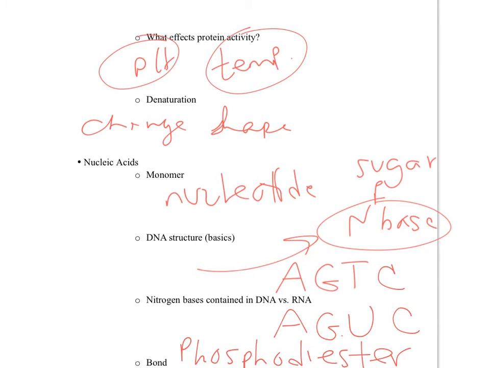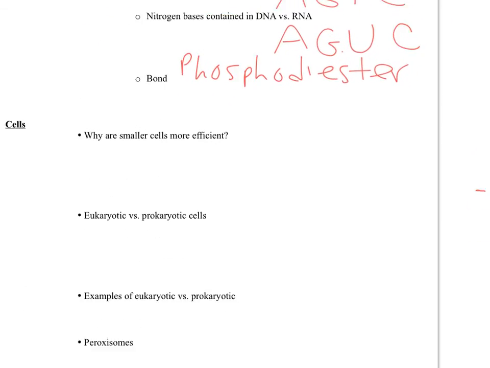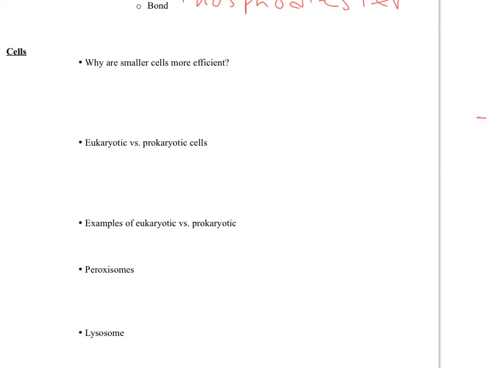All right, moving on to cells. Smaller cells are more efficient because they have a higher surface area to volume ratio, which means they can get their food in enough time and get rid of their waste more efficiently.